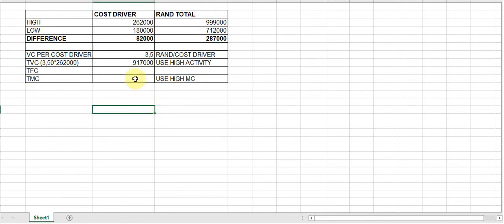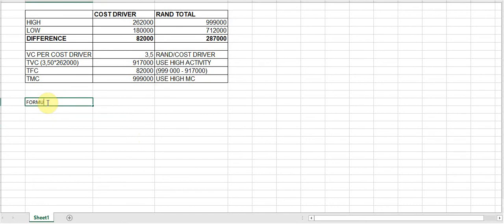The total mixed cost is the highest mixed cost of the two used, in this instance 999,000. The fixed cost is then the difference between the two, 999,000 minus 917,000. My fixed cost is a total of 82,000.